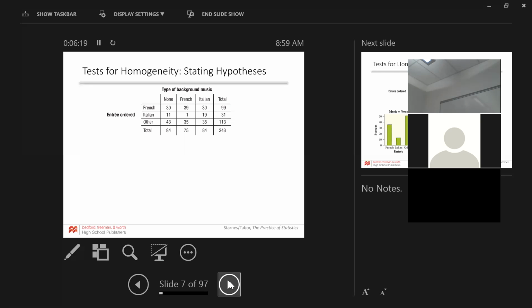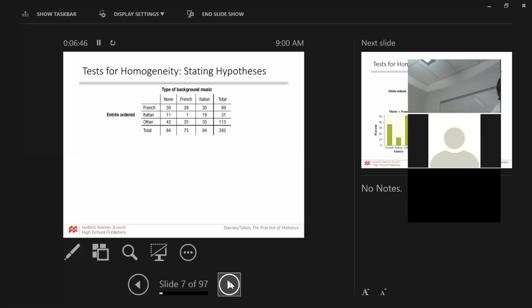Well, the music was almost the same, like 84 seatings. They had no music for 84, 75 they had French music, and 84 they had Italian music. They had roughly 240 seatings, 243 seatings, and that was the distribution of music.